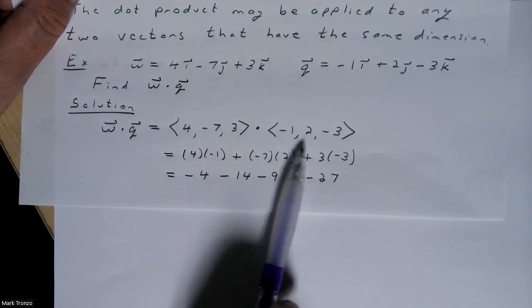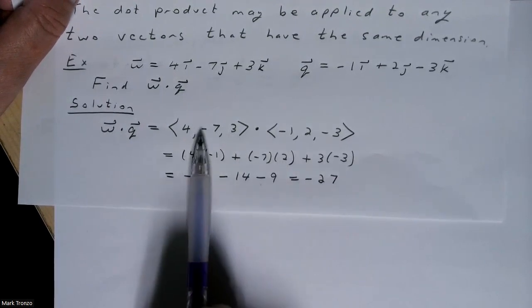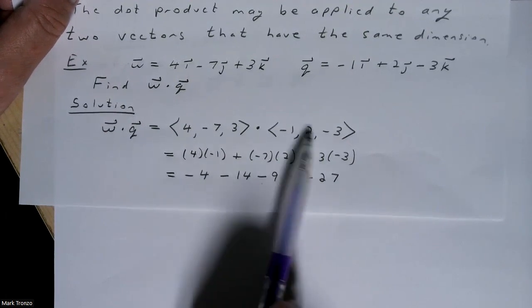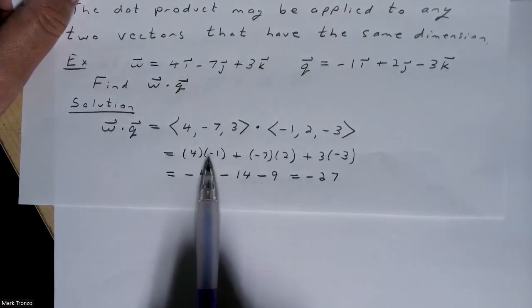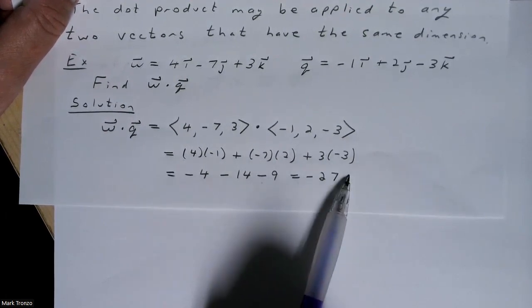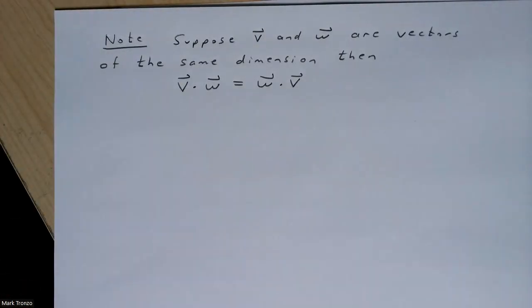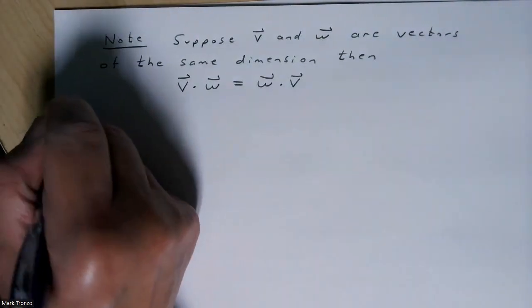So 4 times minus 1 is the same as minus 1 times 4. If we flip these two, each of the products would be the same. So V dot W is the same as W dot V.